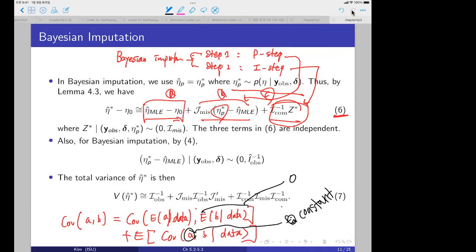It doesn't change no matter how you run the P step. That's why A and B are independent.